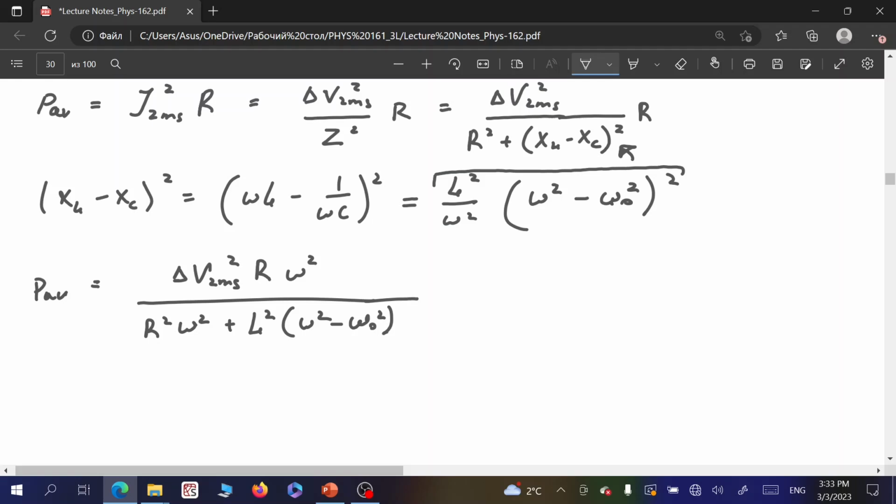Keep in mind that omega naught is 1 over the square root of L times C.